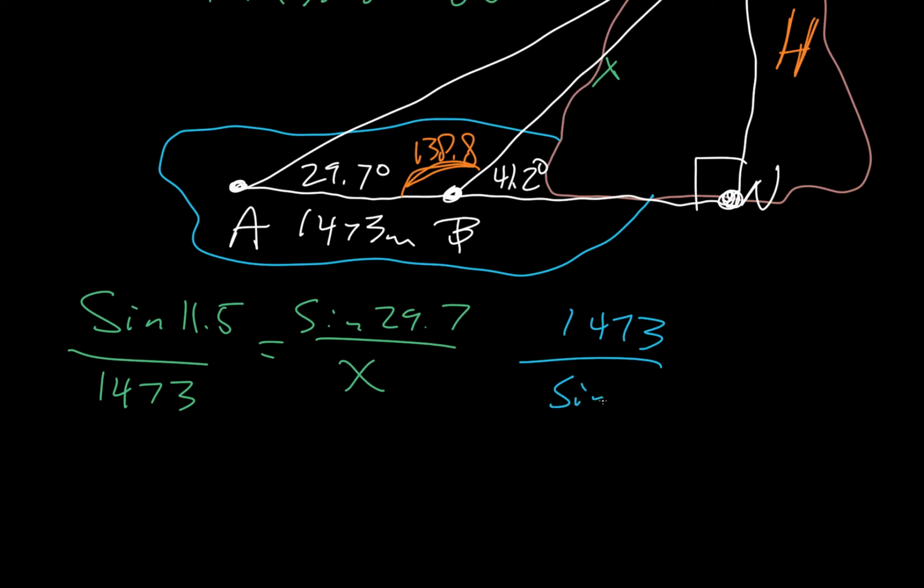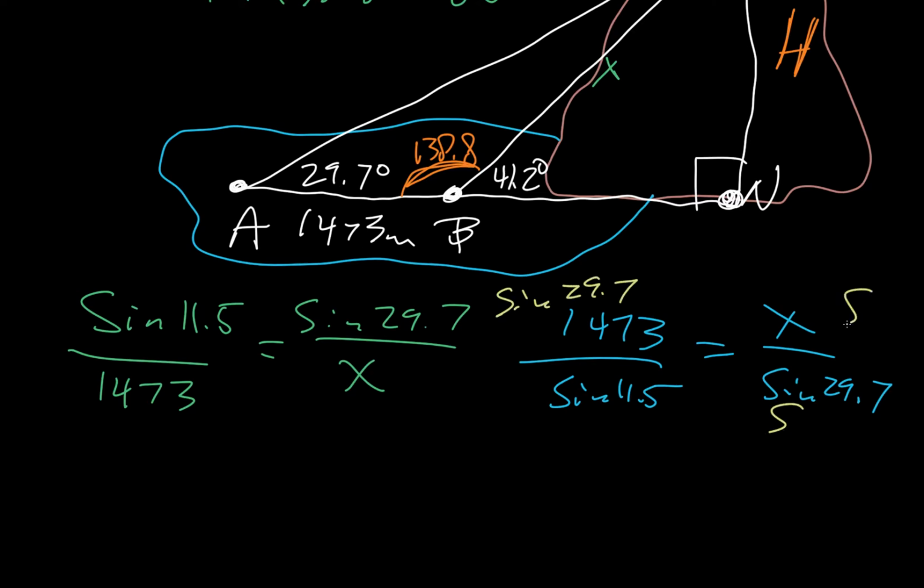1473 over sine of 11.5 equals x over sine of 29.7. So I just need to multiply both sides by sine 29.7. So those ones cancel. We're just left with x.